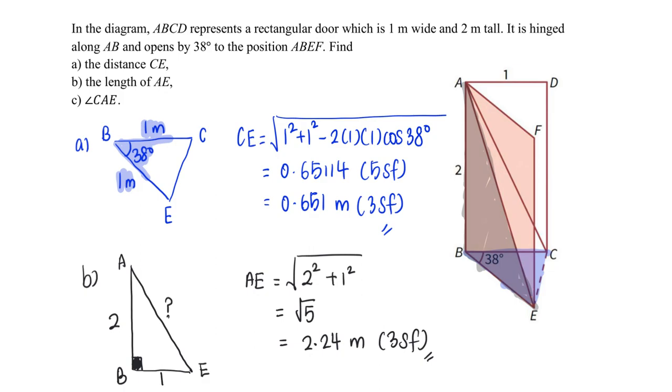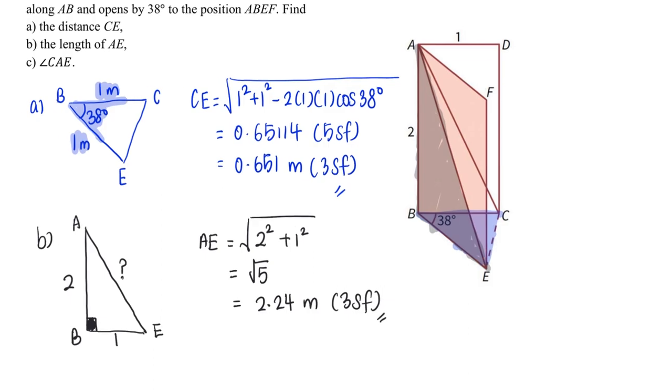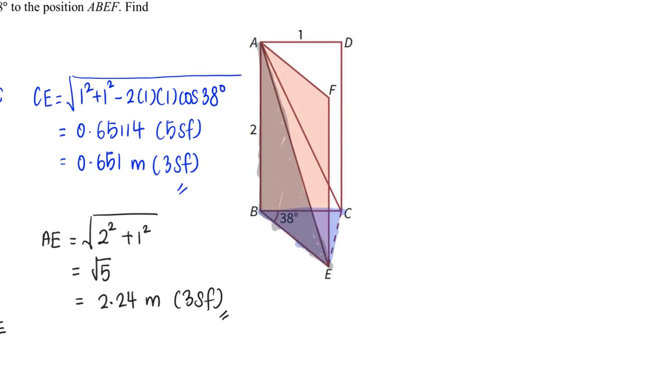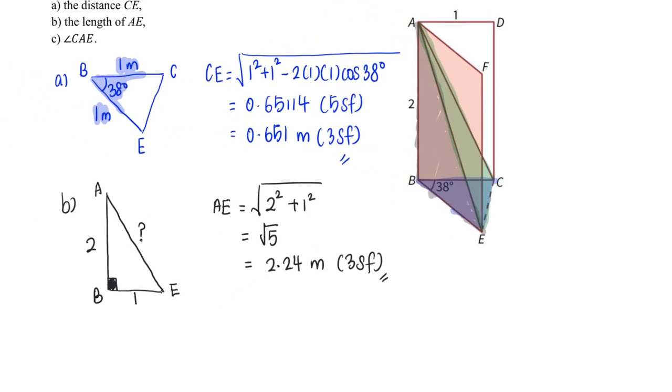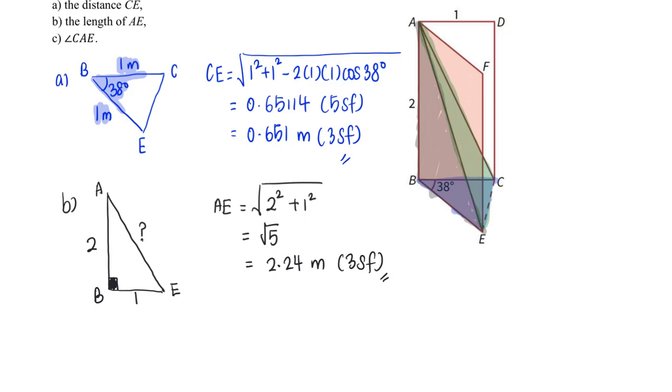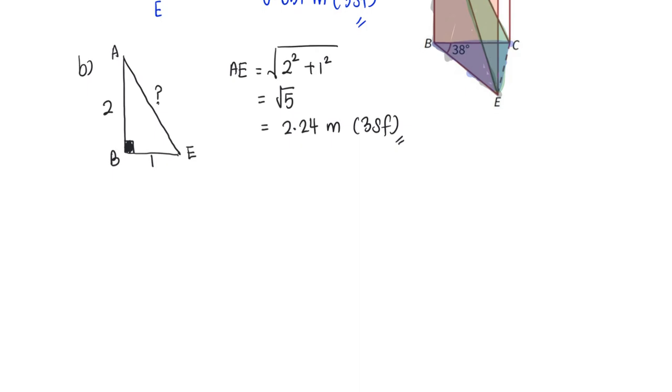And angle CAE. Well, if we look at this particular triangle CAE, do take note, AC is also the diagonal of the same rectangle, so it is also a diagonal of the door. So I'm going to draw out a triangle CAE for us to see.